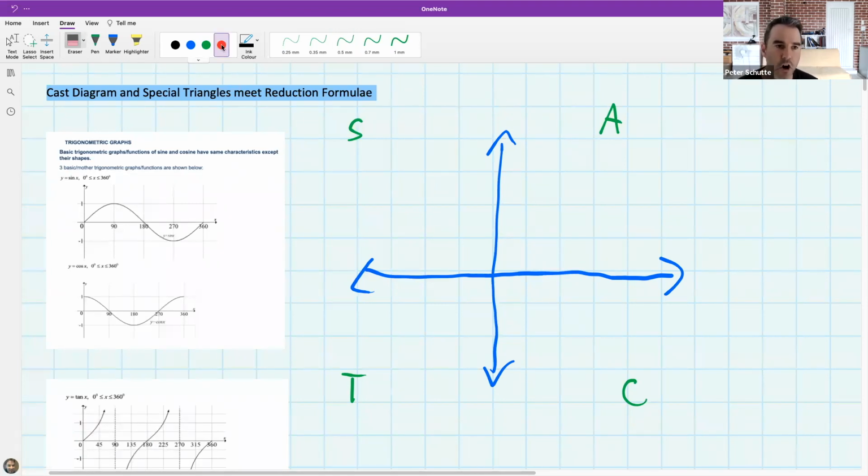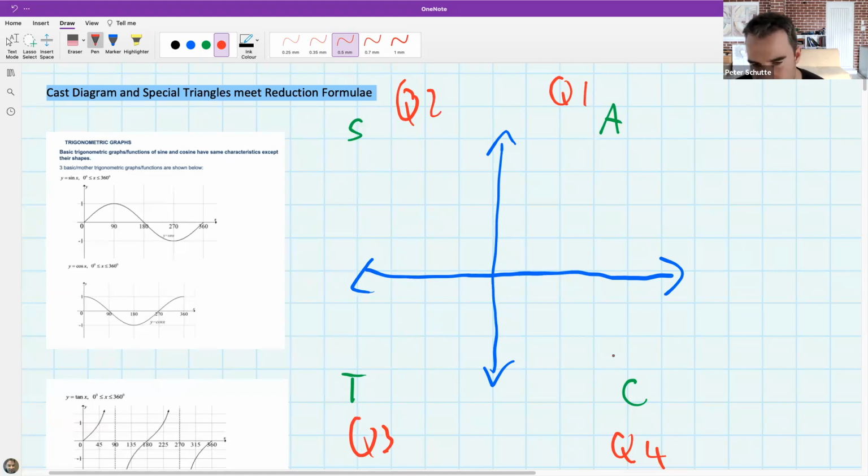Yeah, so the CAST diagram tells us where trig ratios are positive or negative. And we talk about something called quadrant 1 being over here, quadrant 2 being here, quadrant 3 being here, and quadrant 4 being here. And so you'll often see me say that cos is positive in quadrant 4 and quadrant 1, because A stands for all the trig ratios.